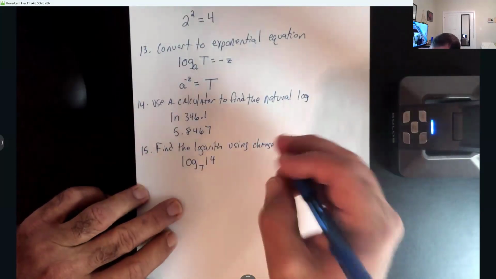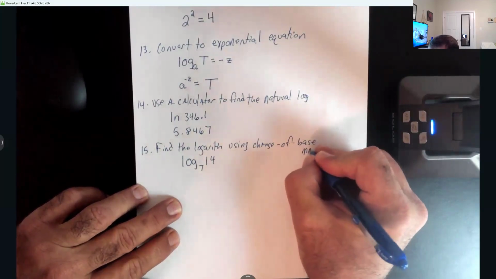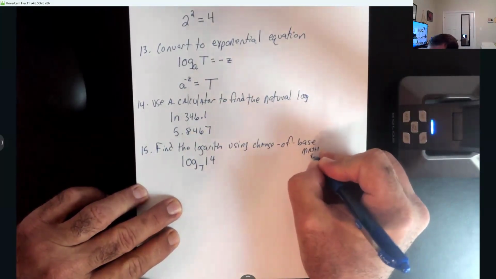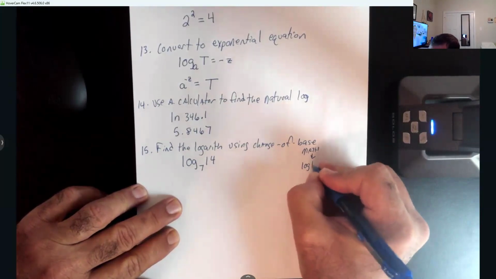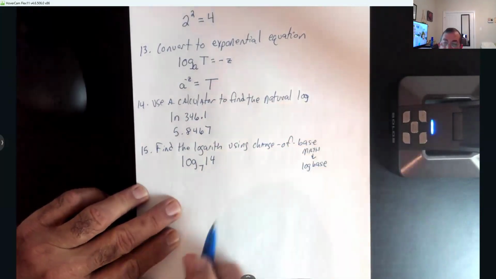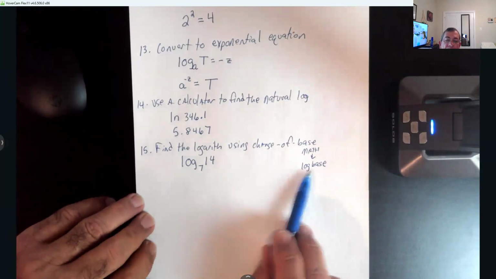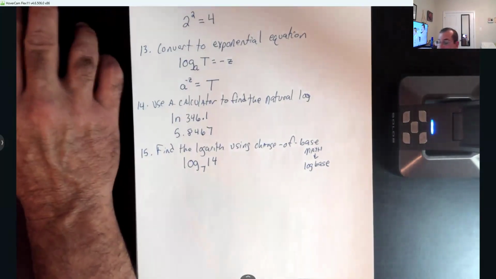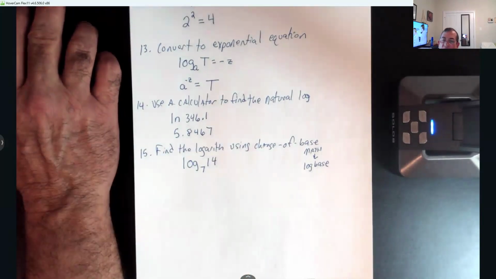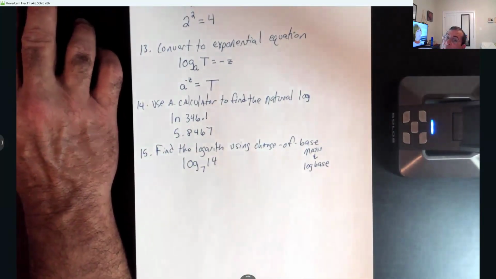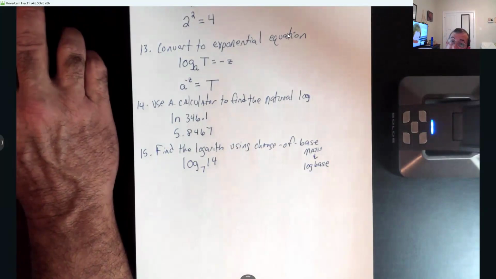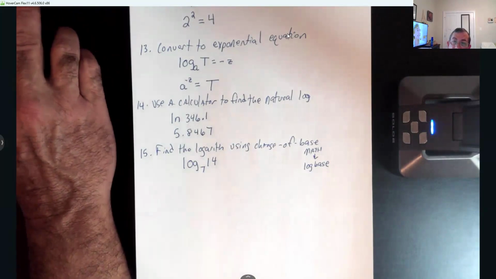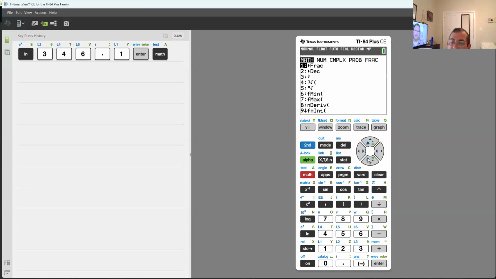What that means is when you go to math on the calculator, go down until you get to log base. So you'll punch on log base, put your 2 numbers in, and then find it. So we're using change of base since it's not one of the 2 main log buttons on the front of the calculator. All right, so remember, math, scroll down to log base, enter.